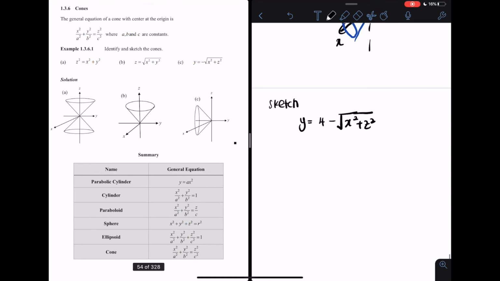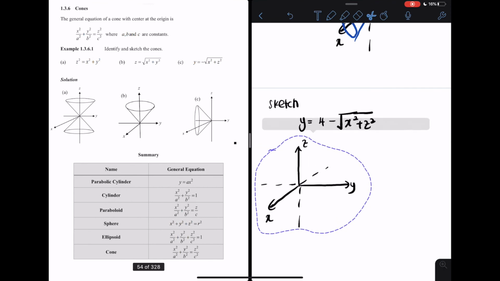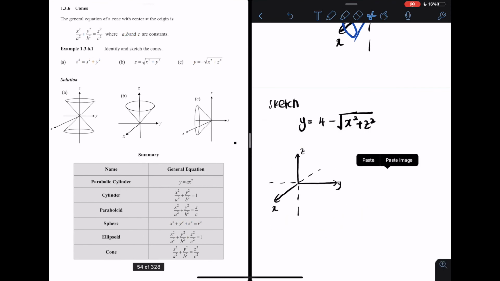When you have this type of equation, you have to try to answer it calmly. Right now, don't forget to sketch the three-dimensional coordinate system. I'll show you the transition from one to another.